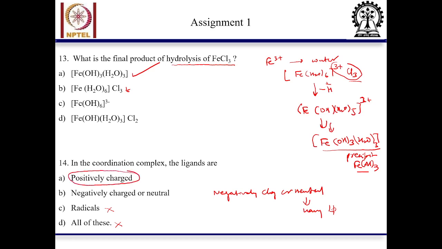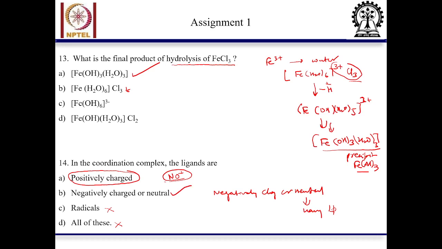Very rare. I think only one is there, that is the nitrosonium ion, which forms coordination complexes. Very rare example of a positively charged ligand. So in general, most of the time in coordination complexes ligands are either negatively charged or neutral. So the best suitable answer, if we have to choose one, is option B, negatively charged or neutral.